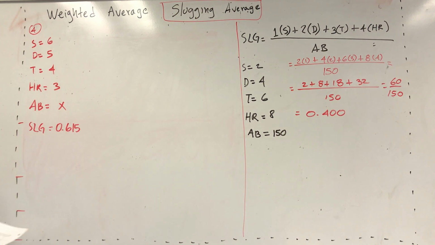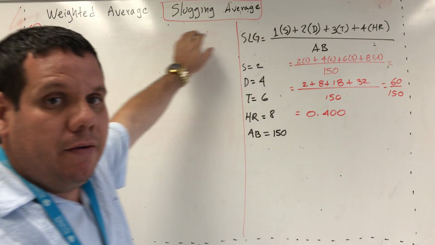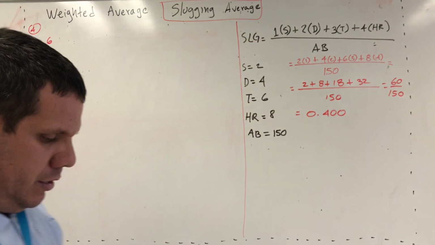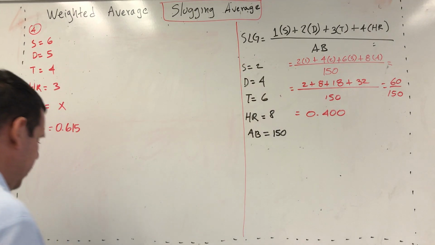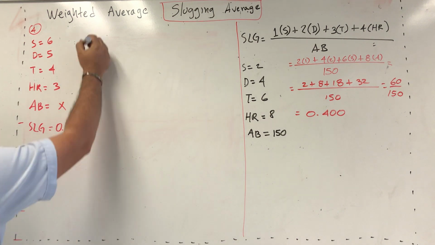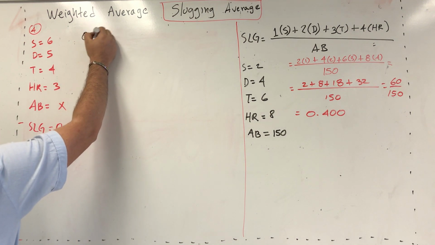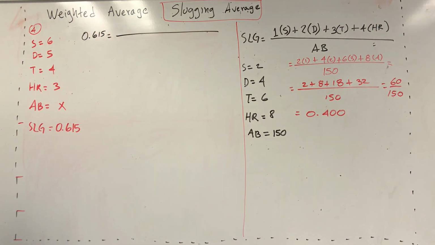0.615. If you take a look at the formula, we need to organize everything according to this. We start with the slugging average, which is here. In this case, the slugging average is 0.615 equals, and what we don't know is the at bat.